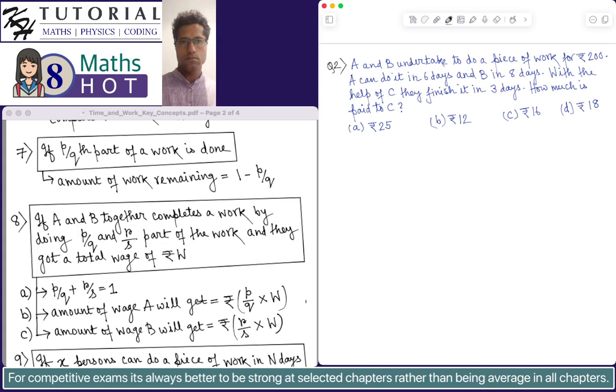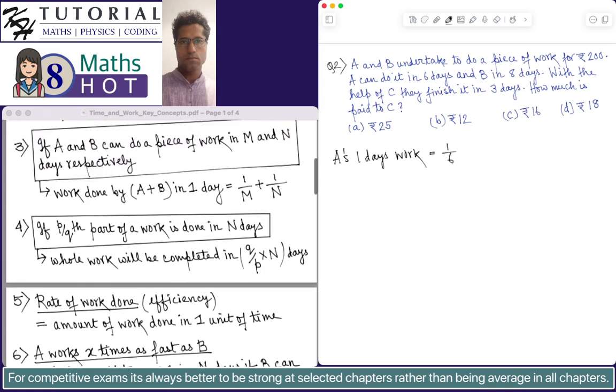To solve this problem, we first have to find the total work done by C in completing the work. Now let's do it step by step. A can do it in 6 days. This means that A's 1 day's work, that is the amount of work done by A in 1 day, will be equal to 1 by 6.